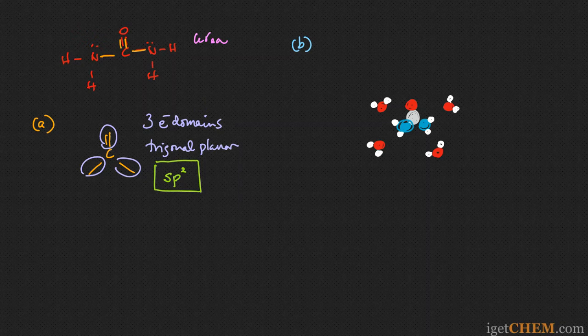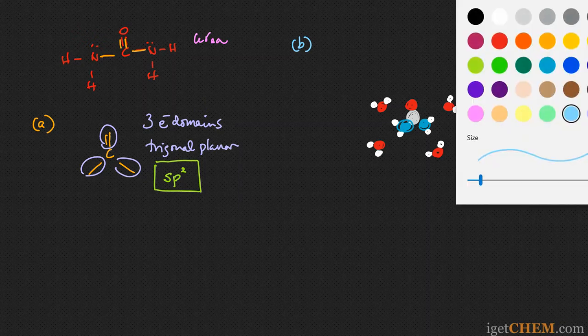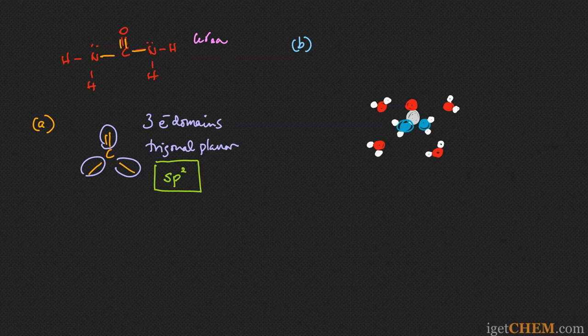So you see in this case, the atoms acting as hydrogen bonding acceptors are these oxygens, whereas the atoms acting as hydrogen bonding donors are these nitrogens. So I'll write H bond donors here, and the oxygen atoms can act as H bond acceptors.